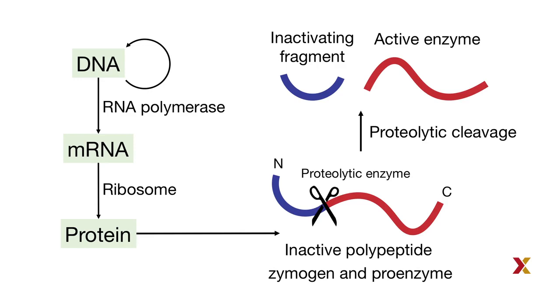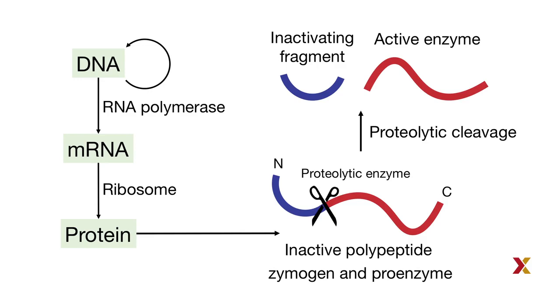is cleaved. The activation can be as simple as the cleavage of a peptide bond in a precursor, or the removal of a short peptide, or even the removal of a larger, independently folded polypeptide exceeding 100 amino acids in length.